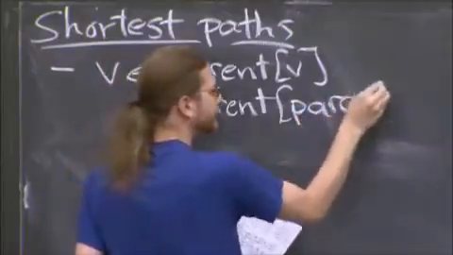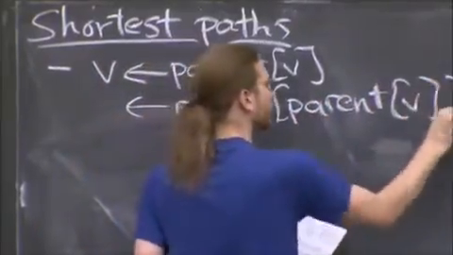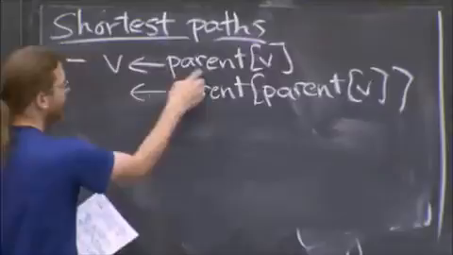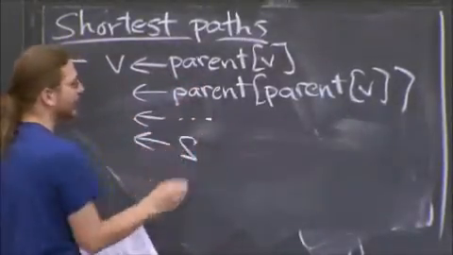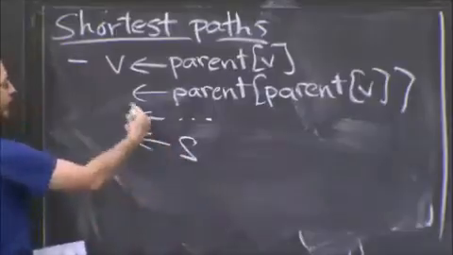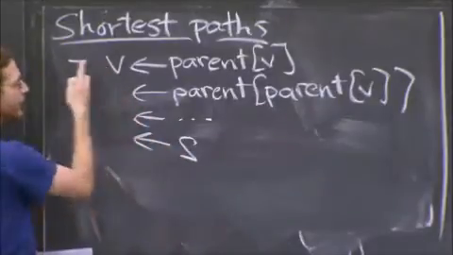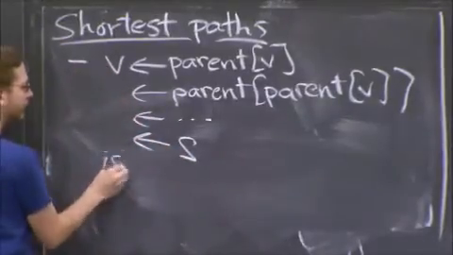If you take a node and you take its parent, and you take the parent of the parent, and so on, eventually you get to S. And if you read it backwards, that will actually be a path in the graph.